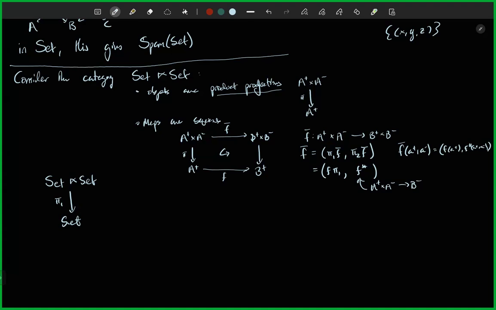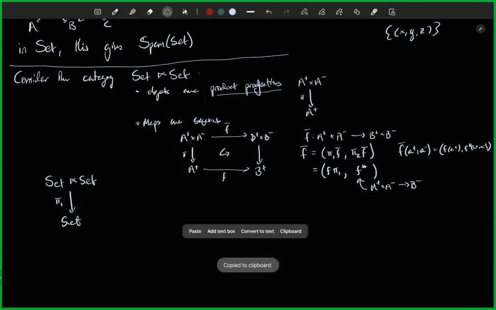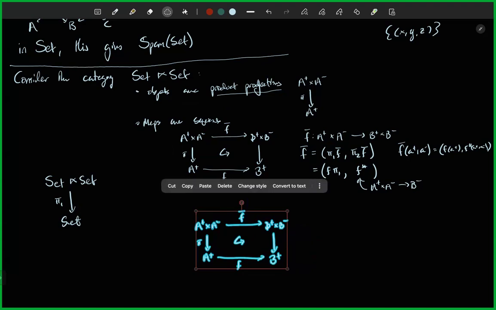And then if we have a composite, it would be like this.